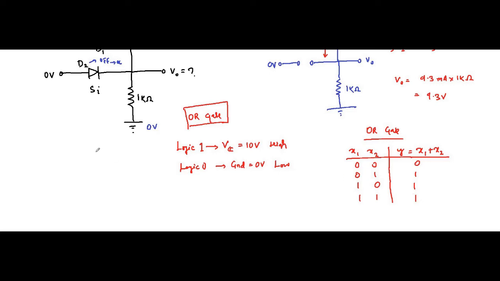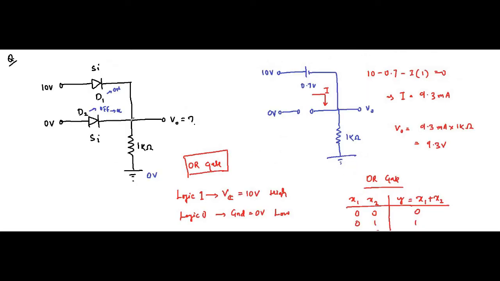Now how can this circuit be used to implement it? In order to simplify our discussion, let us assume the diode is ideal. Let us cut the built-in potential 0.7 volt thing, because if we include that, the discussion will become unnecessarily complicated.